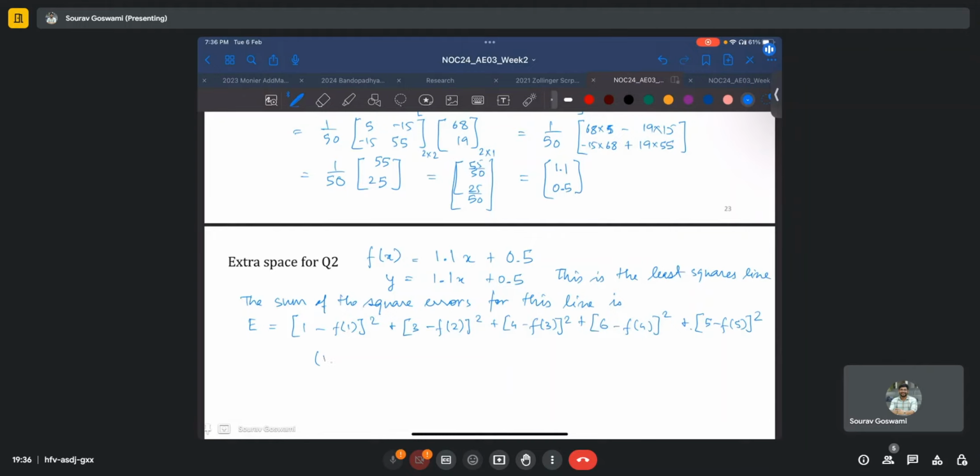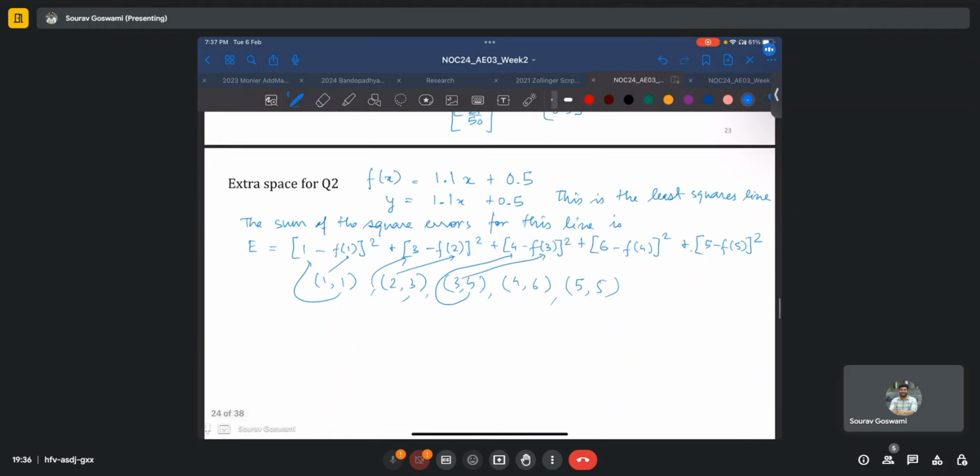Remember, this is because our data points are 1, 1, 2, 3, 3, 4, 4, 6, and 5, 5. So I've put the x here and the y here for each case, and so on.